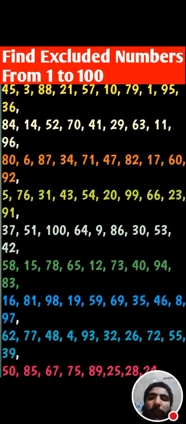So we have to find number 20. Where is 20? From the top, the seventh row, the sixth number of this row is 20. That comes before 99.